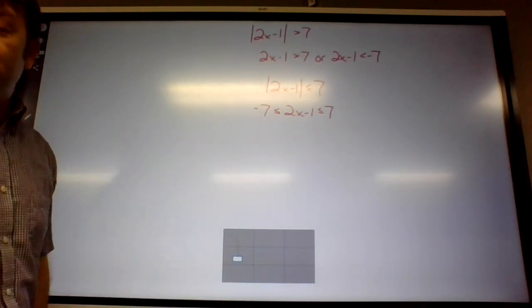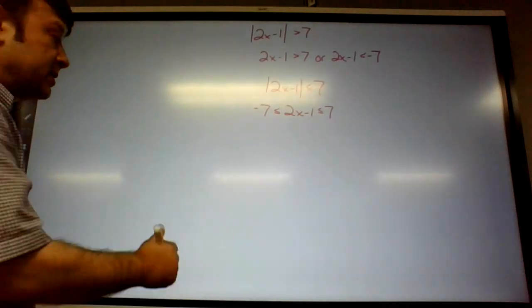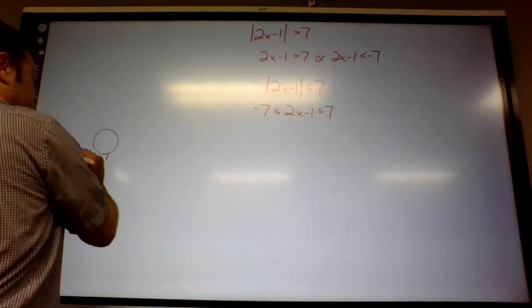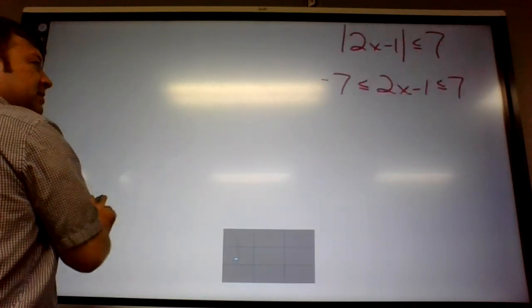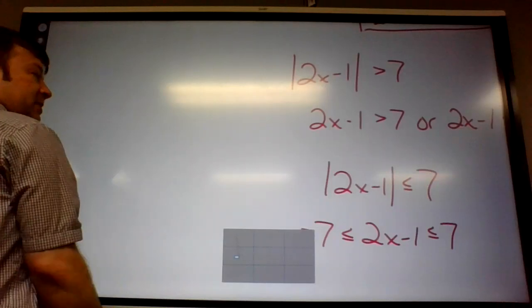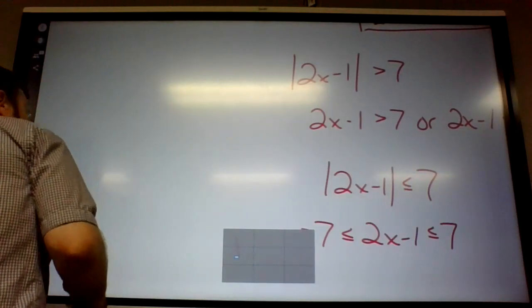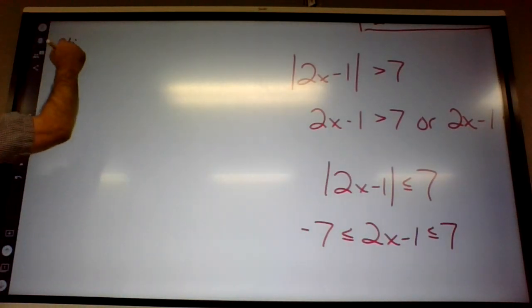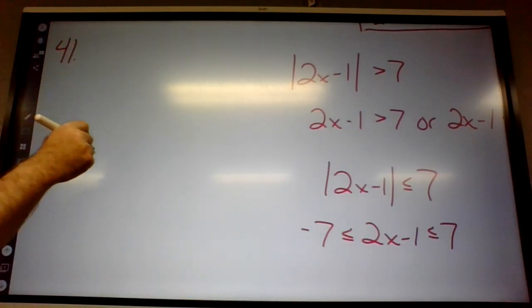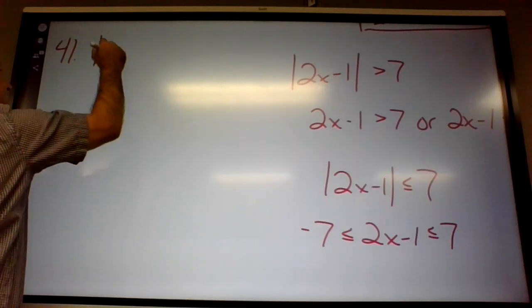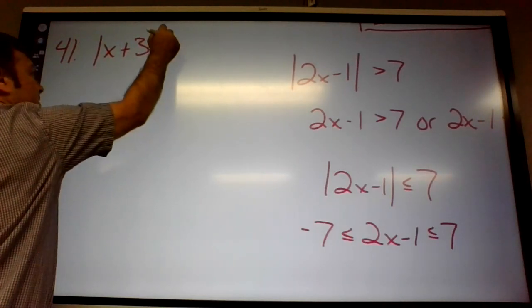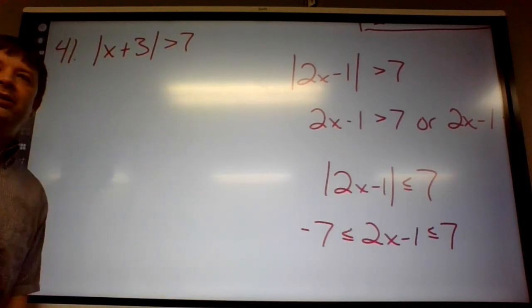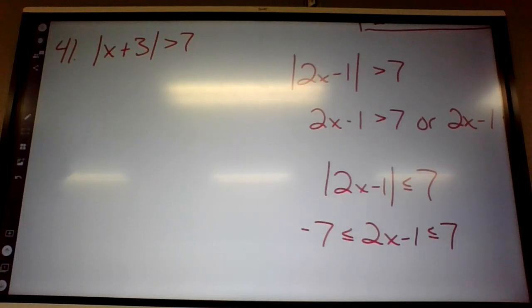So 41 is a greater than. X plus 3 is greater than 7. Notice if it was not an absolute value problem, you would not do anything special.